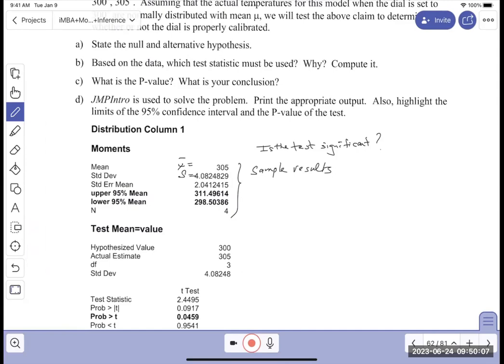What is the sample standard error of the mean? This is 2.04. How do you get that number? Not M, it's not the margin of error, the standard error. So it's the standard deviation of X bar, sigma not known.